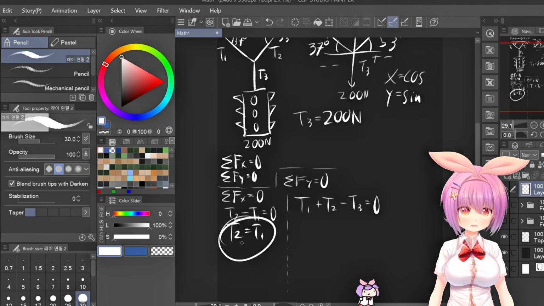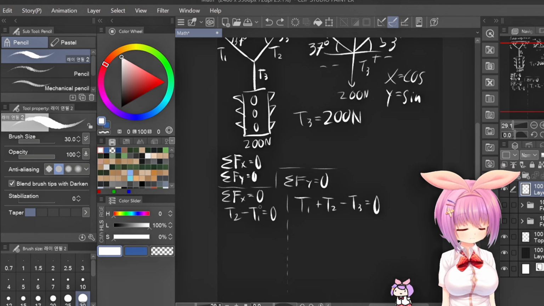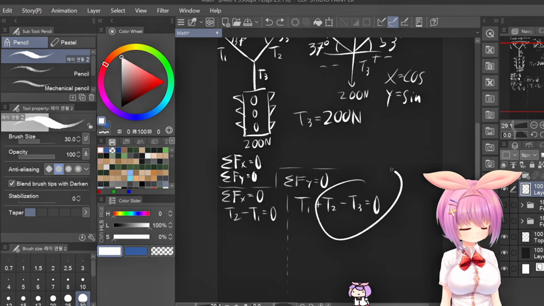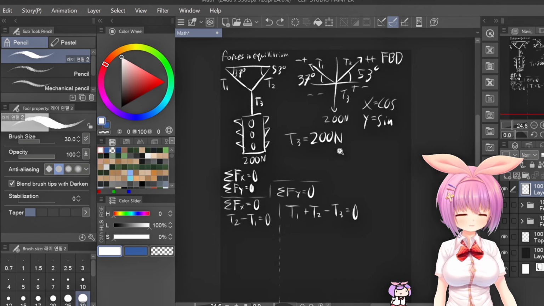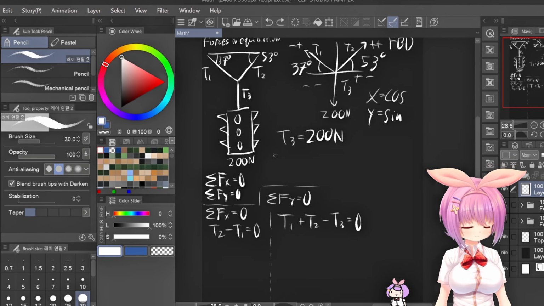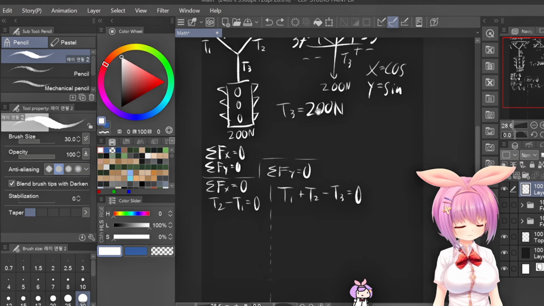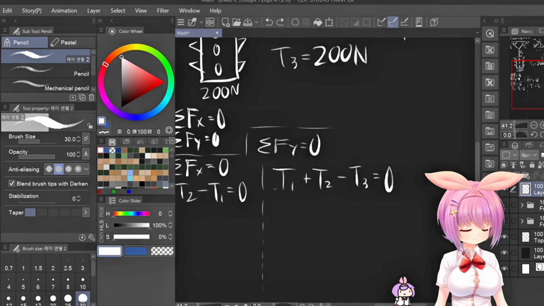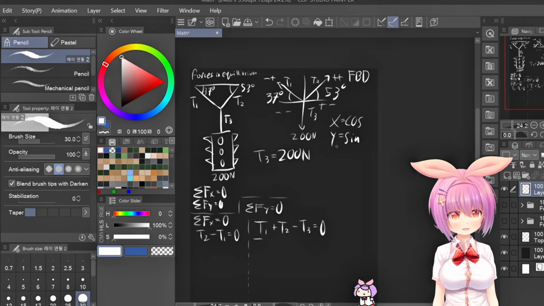T2 equals T1 is actually the same, because later we're just going to put T1 on the other side. Same to this equation over here. T3 is negative. Since our load is already in newtons, we're just going to put it straight up, negative 200. So again, y sin and x cos, right?